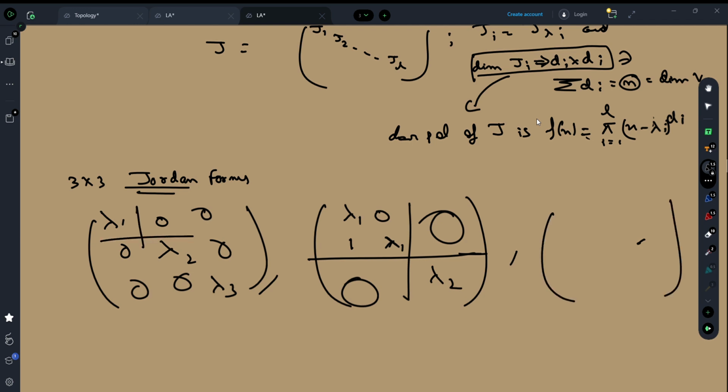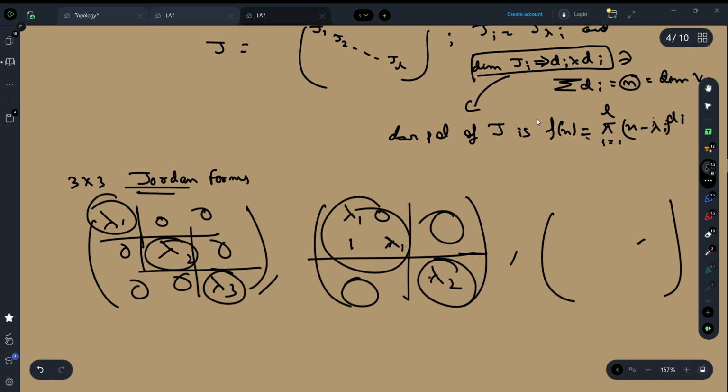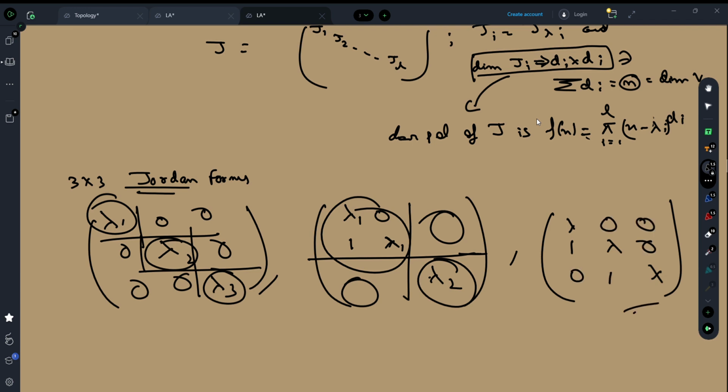Observe that in the diagonal form these are all 1 cross 1 blocks, nothing else. This other one is a 2 cross 2 and a 1 cross 1 block. The other possibility is if the complete 3 cross 3 matrix is a single block. So it will obviously be of this form: lambda on the diagonal, you have 1 here, you have 1 here, all the other elements are 0. So here you have a 2 cross 2 and a 1 cross 1 Jordan block, here you have three 1 cross 1 Jordan blocks, and here you have a 3 cross 3 Jordan block.